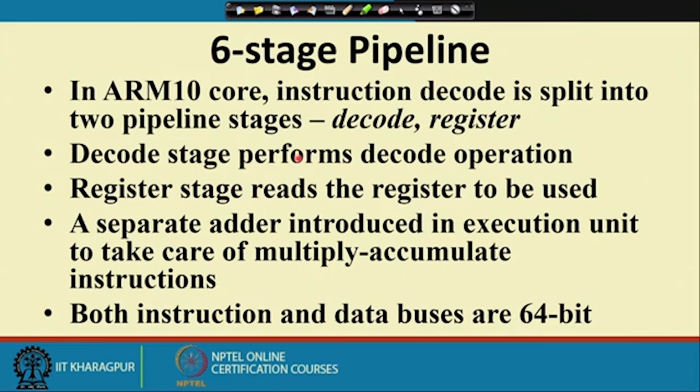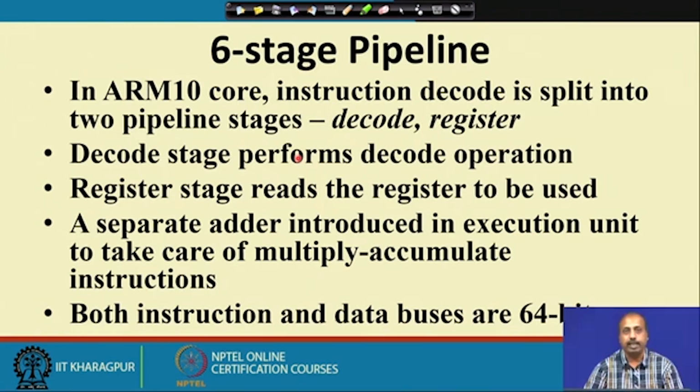Here the decode is split into 2 pipeline stages as earlier, the decode and the register read. The decode stage performs the decode operation, and the register read will perform the operation of reading the register. But now a separate adder is introduced in the execution unit to take care of multiply accumulate type of instructions.